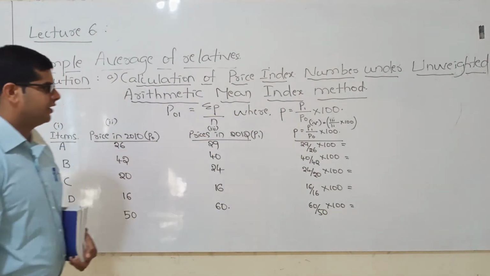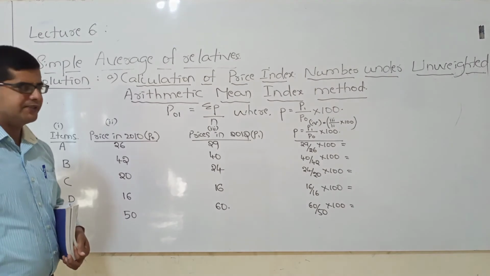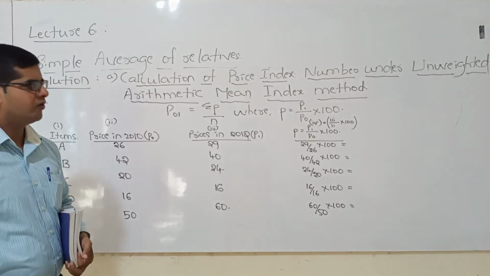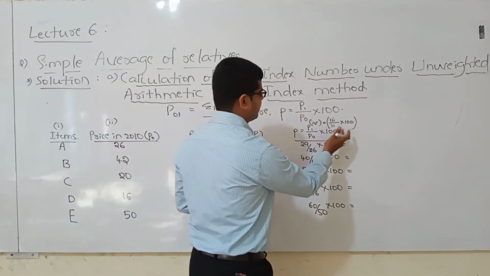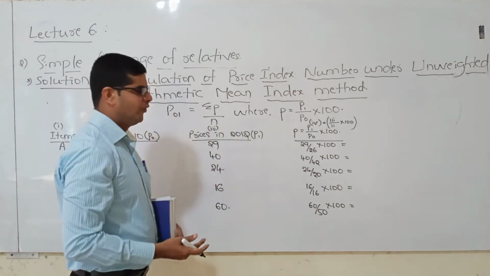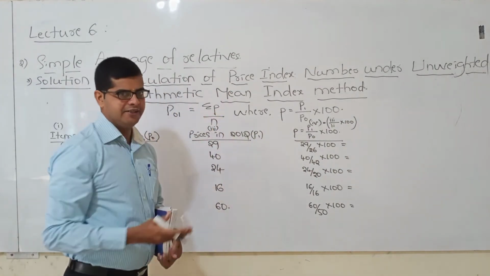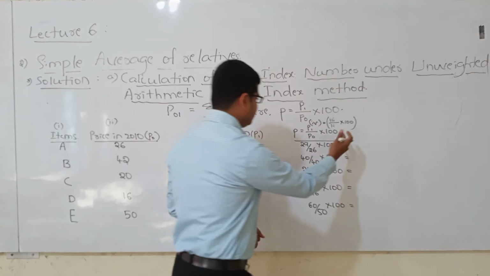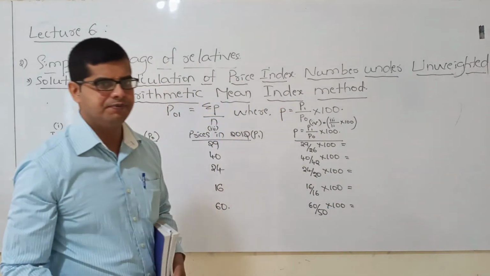Current year price divided by base year price into 100. Whatever P we are getting is in percentage.